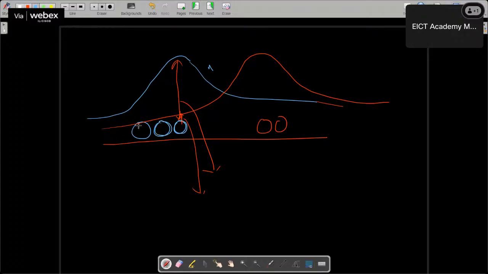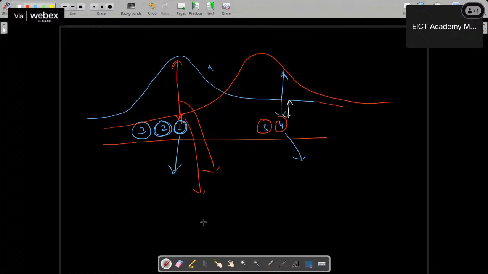Let's say this is the first data point, second data point, and third data point. The density of these data points to become blue is more, and the density of the same data points to become red is less. And for the fourth and fifth, the density to become red is more, and to become blue is less.